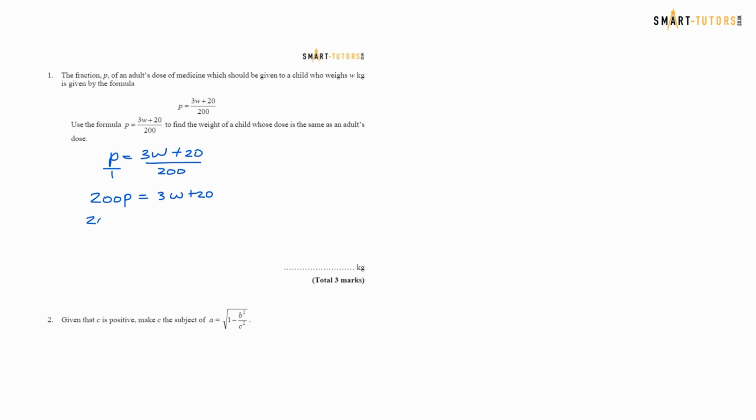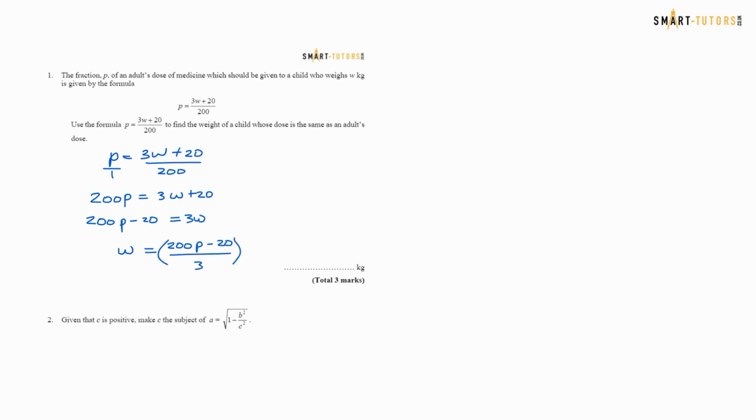So 200P minus 20 equals 3W. So you can make W on its own by dividing both sides by 3. So you get the answer W equals 200P minus 20 divided by 3. So that is the answer.